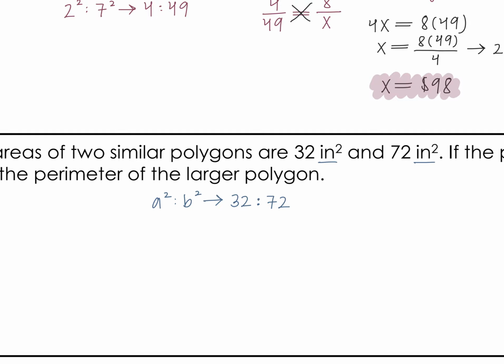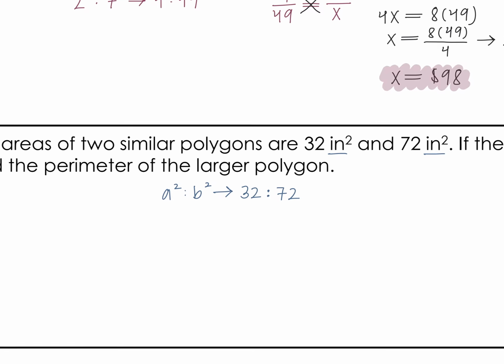Why am I square rooting? Well, remember, I'm currently at A squared to B squared. But when I think about perimeter and I look over here at my units for perimeter, they are not squared. So I need to go from A squared to A. In order to do that, I square root.